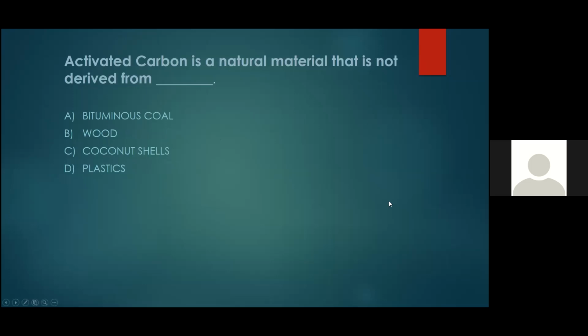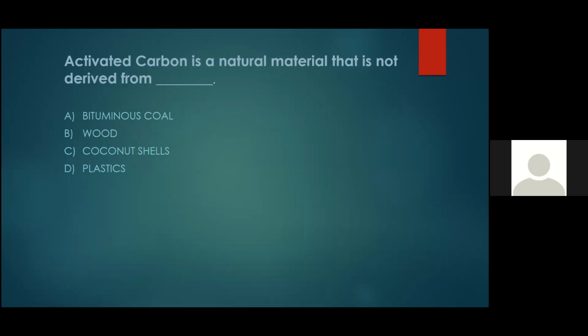Back to the activated carbon, we know it's good for taste and odors, and it's a natural material that's not derived from which one of these? Which one is it not derived from? Yeah, you're right.